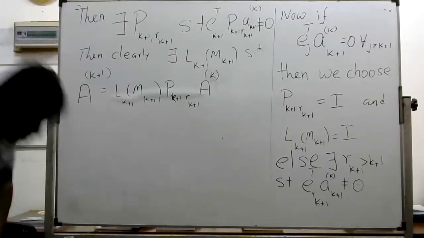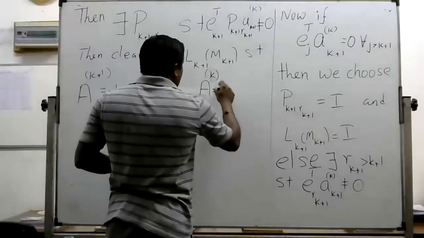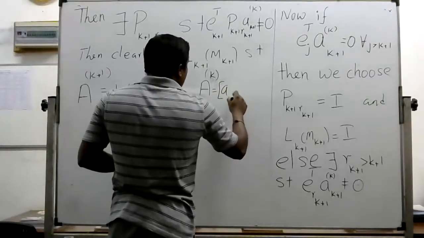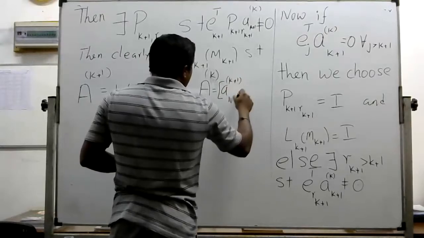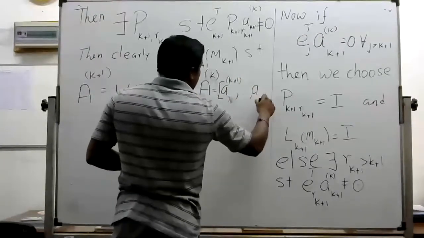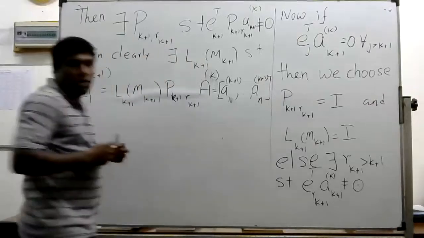So here again, we name this in terms of columns as A1 k plus 1 all the way to AN k plus 1.